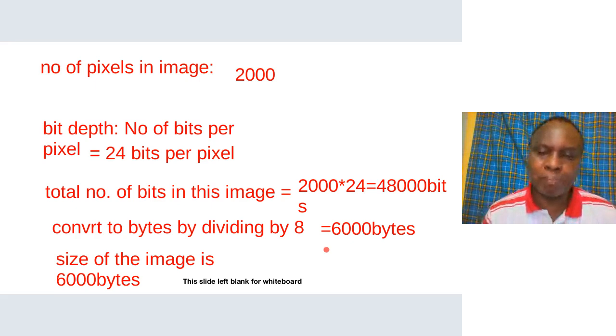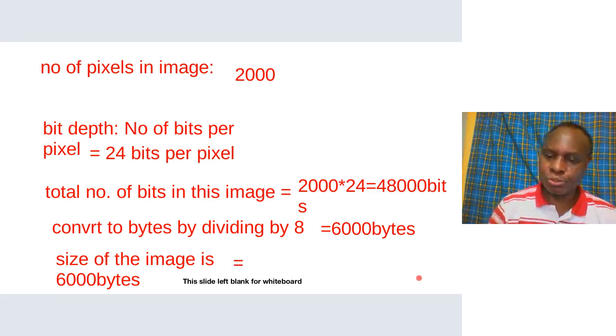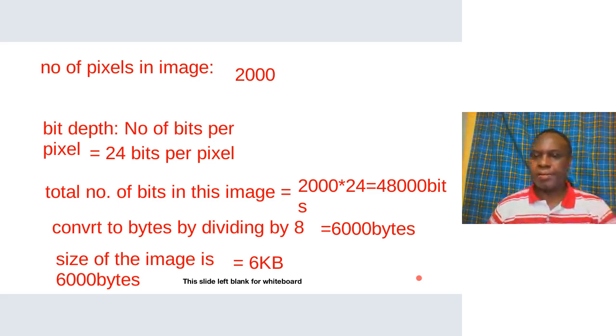And so we convert this to kilobytes, which equals dividing by 1,000, 6 kilobytes, KB.